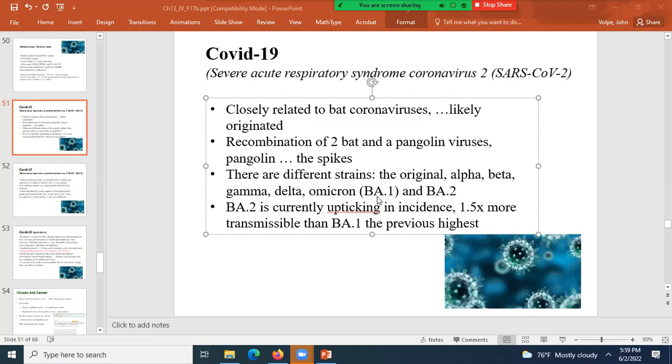And yes, it is less severe, but more people died of BA1 because so many people came down with BA1 or Omicron. So yes, it is less lethal, but people are still dying from it. That's my point. And so you do need to take precautions.